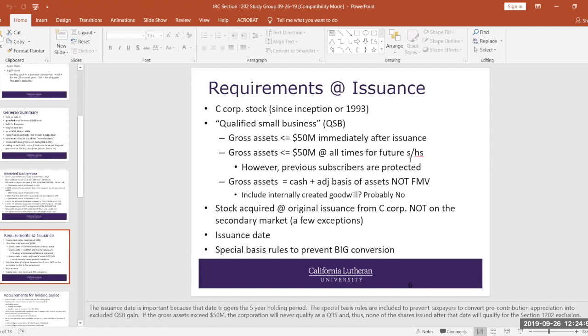Is that correct? Forever? Forever. That's right. And for future subscribers. Right. And the assets here is defined as cash and adjusted basis of the assets.